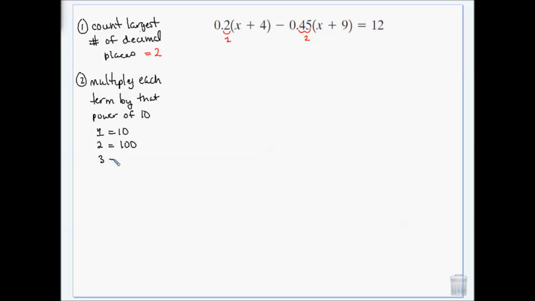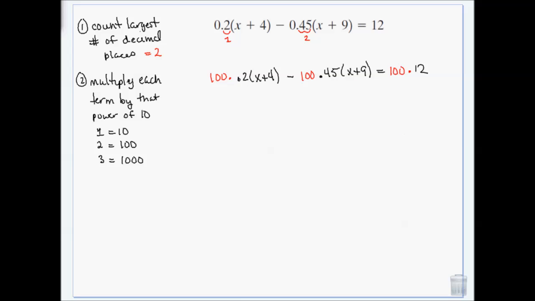If it has 3 decimal places, I multiply by 1,000, etc. So since I had 2 decimal places, I'm going to multiply everything by 100. So 2 decimal places, so 100 times everything.